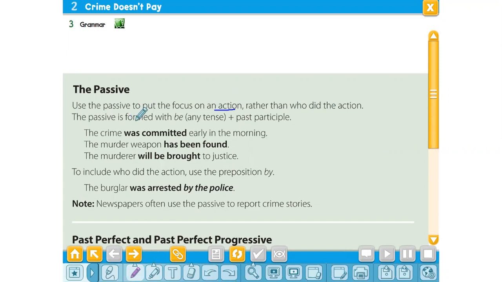The passive is formed with be any tense plus past participle. Be any tense, what does it mean be any tense?